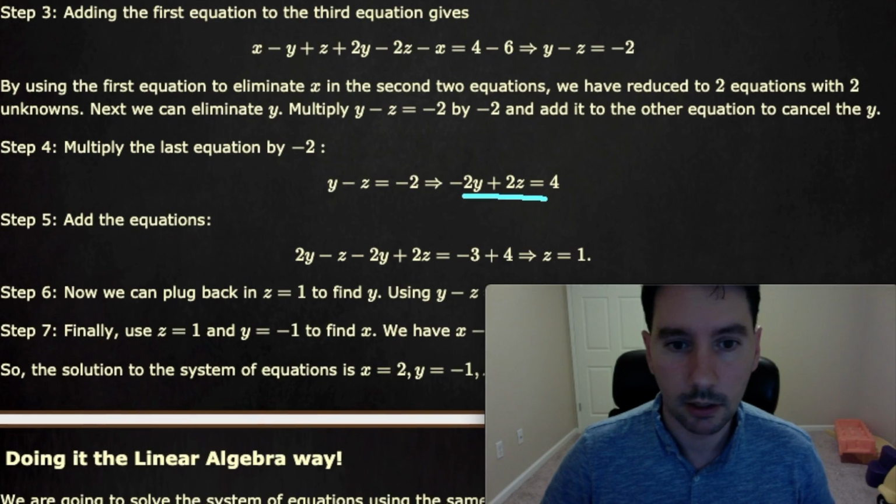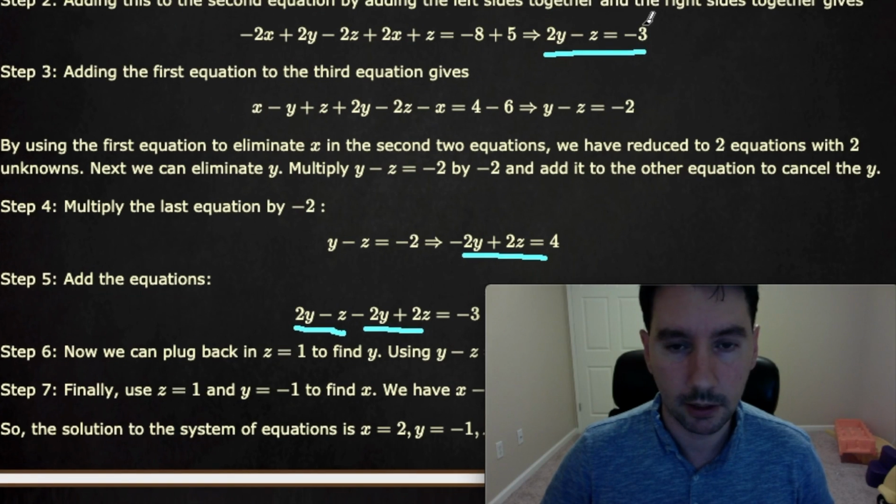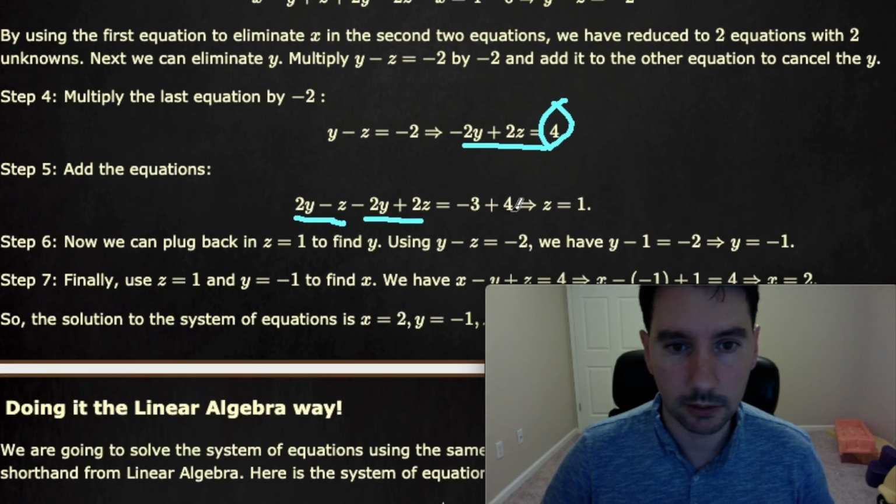So we have 2y minus z plus minus 2y plus 2z, adding the left-hand sides, and then adding the right-hand sides, we have negative 3 plus 4, which gives us 1. When we cancel the two y's, we get minus z plus 2z is z, and therefore z equals 1.